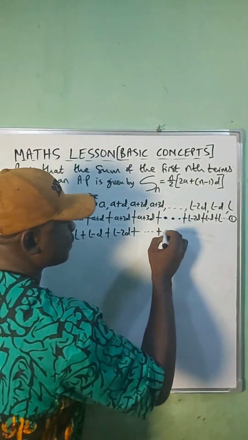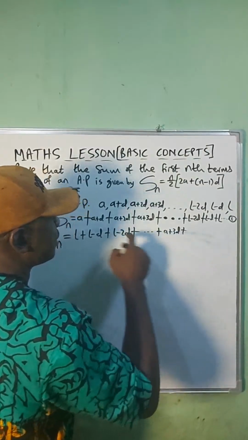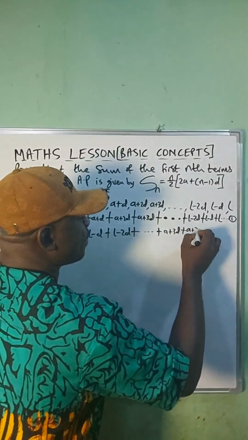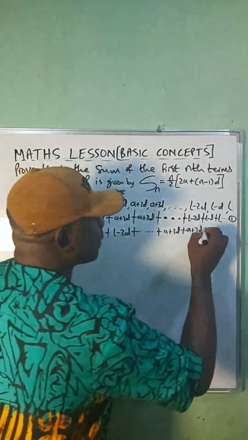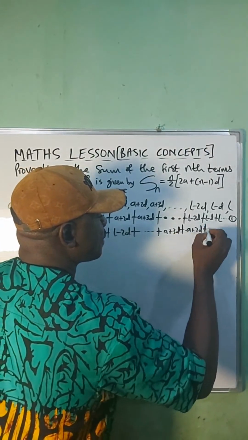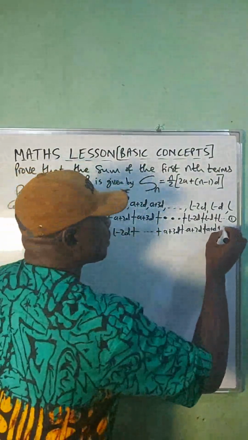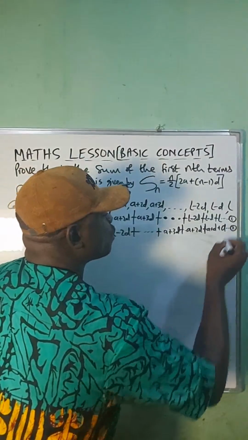Then I'll go to a plus 3d, then a plus 2d, plus a plus d, plus a. This is equation 2.